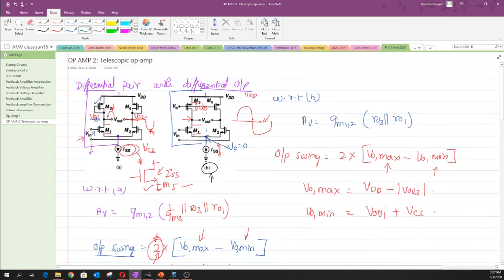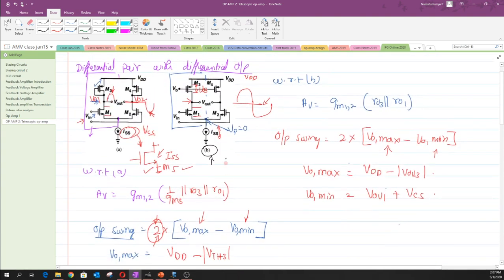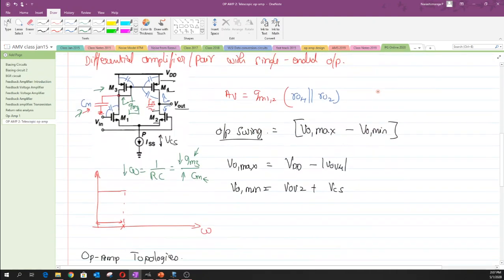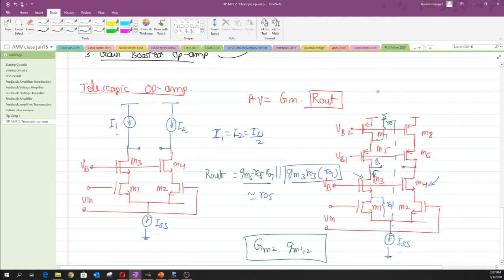It becomes quite difficult for me to move the pages. So in the earlier case we had an output impedance which is just RO3 and RO1, but right now these impedances are increased quite a lot just by having these cascode structures both across the load as well as across the signal path structures.